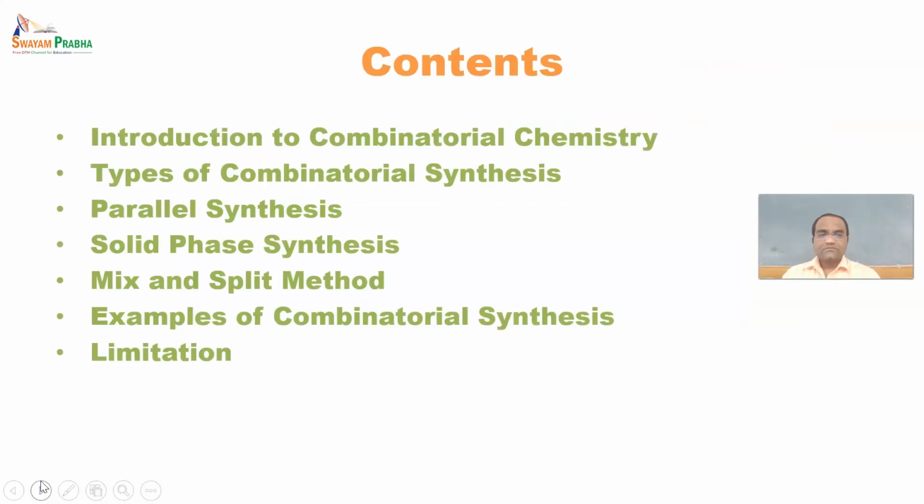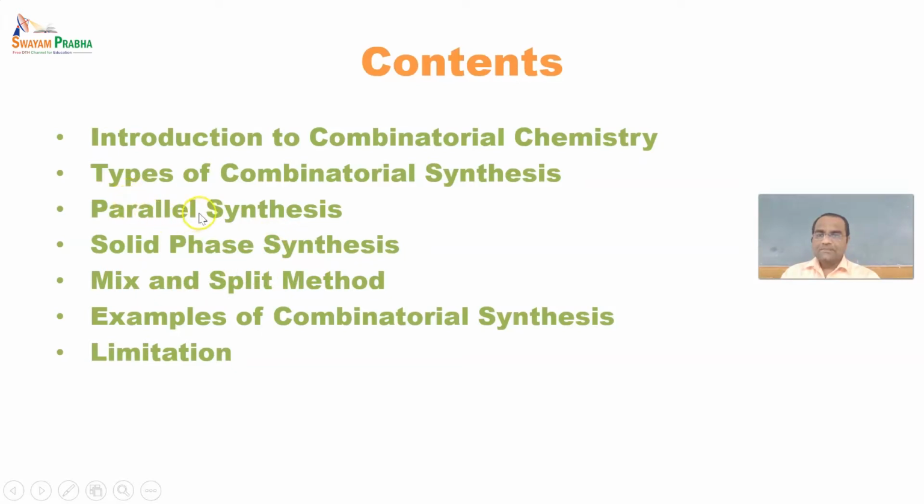The contents of this session: introduction to combinatorial chemistry, types of combinatorial synthesis. These are the types: first one is parallel synthesis, second one is solid phase synthesis, and third one is the mix and split method.